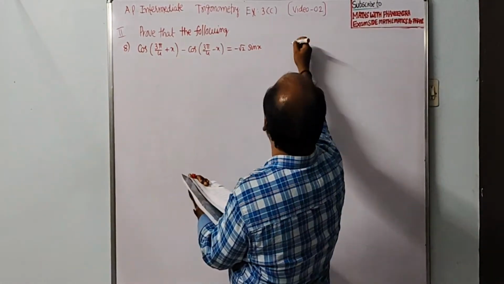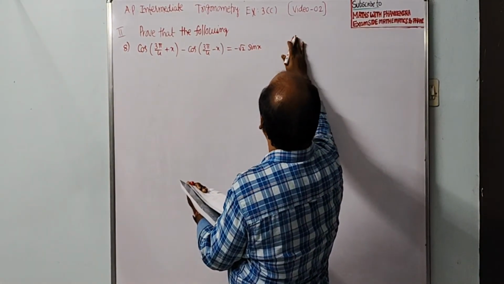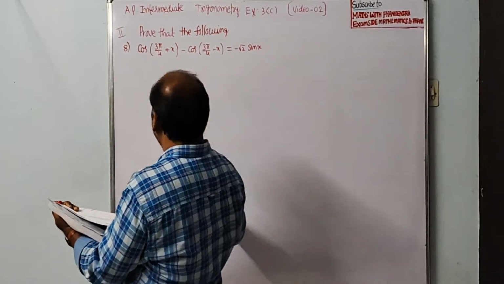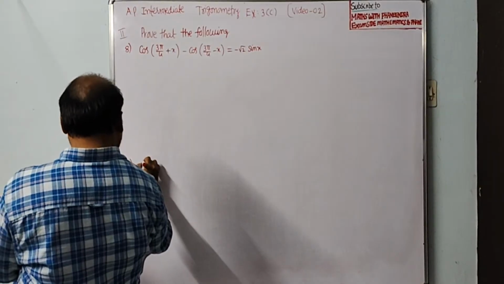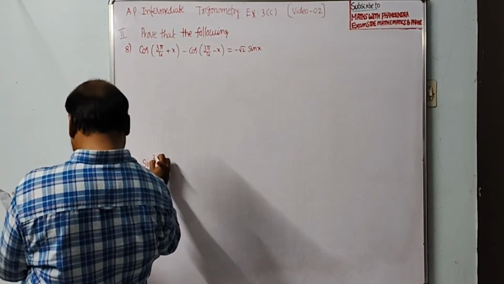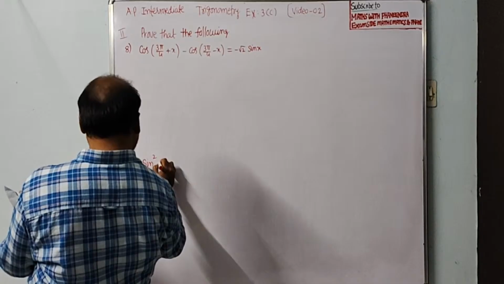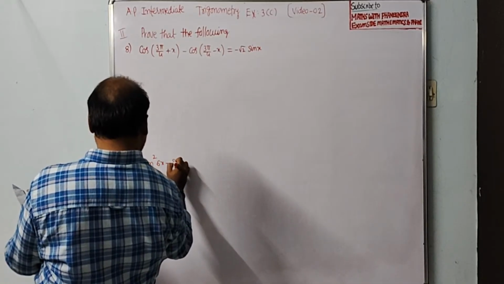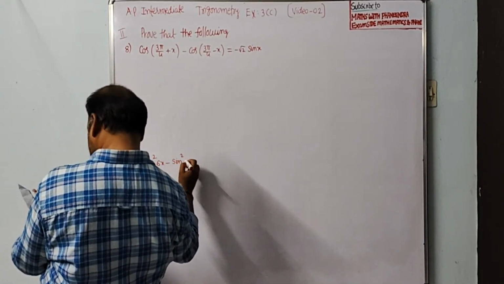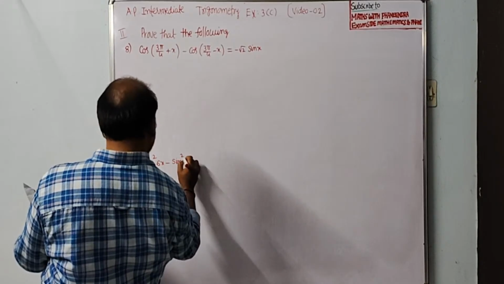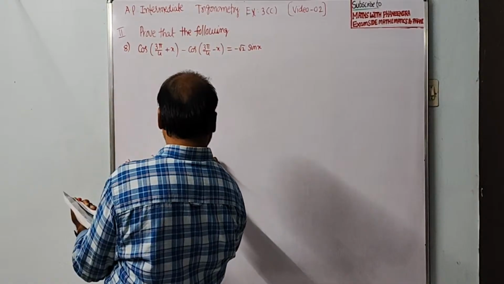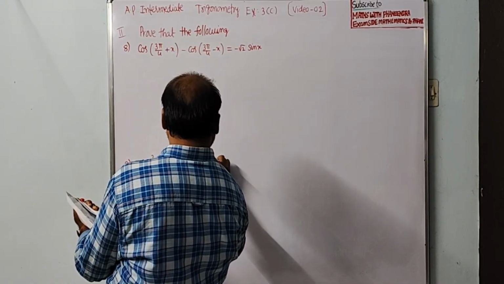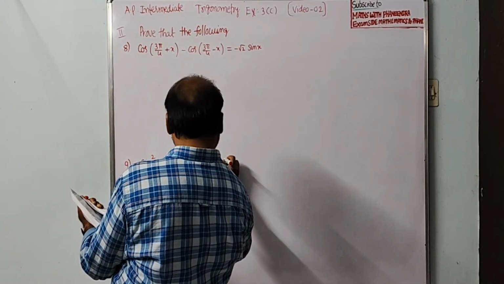Next, question number 9. Sin square 6x minus sin square 4x is equal to sin 2x into sin 10x.